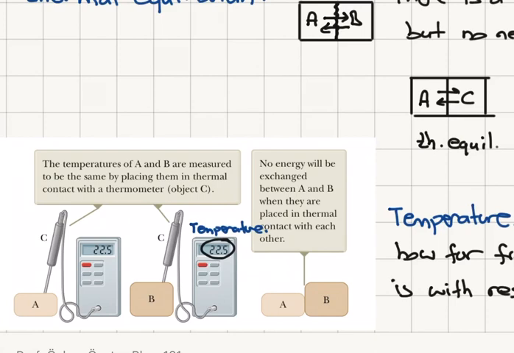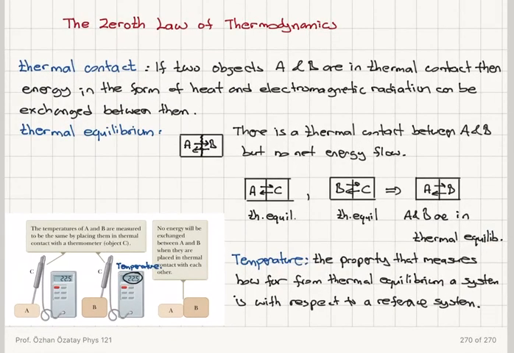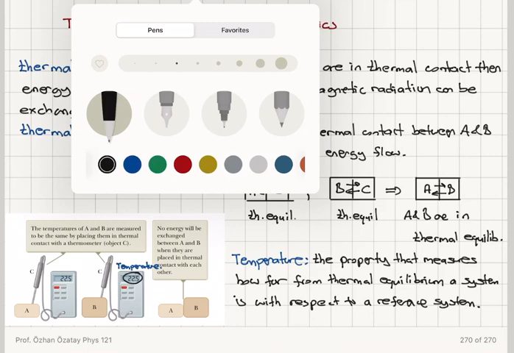If I were to make a thermal contact with icy water, then energy would flow from A to icy water in order to reach thermal equilibrium. If this number is 100 degrees C, that means I'm quite far from thermal equilibrium, a lot farther from thermal equilibrium with icy water.